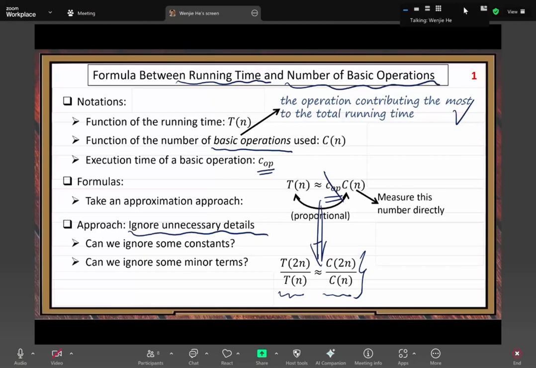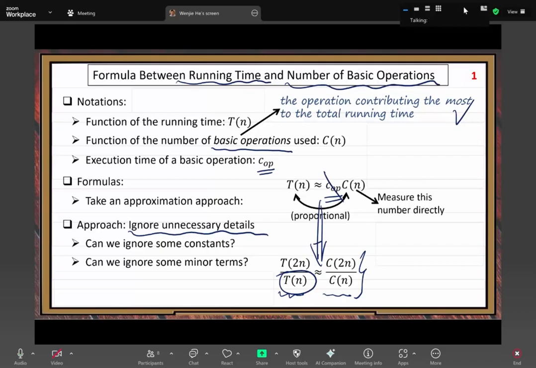Then, how much larger? You want to get an idea. How much larger? So you take the ratio. You use the original T function as the reference, the comparison base. Then you use the same function, but you double the data size, double the problem size.